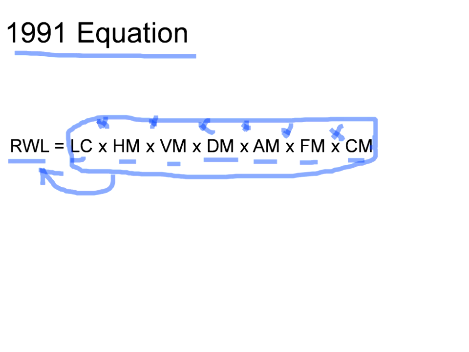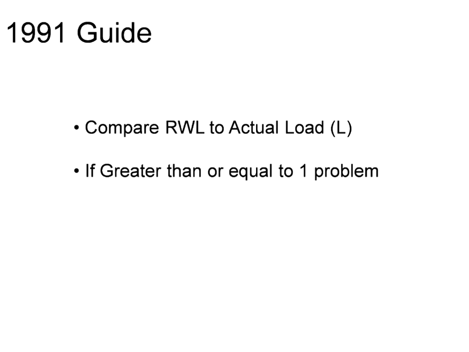It's a product of load constant, horizontal multiplier and vertical multiplier, distance multiplier, asymmetric multiplier, frequency multiplier, and coupling multiplier. You keep multiplying everything and you get a value, and that value is called the recommended weight limit. This very first you should find, the value of RWL.